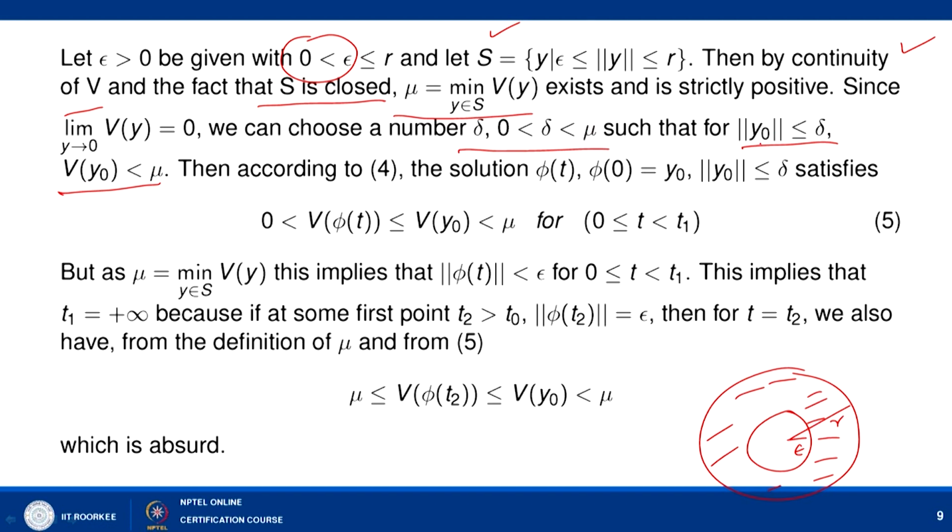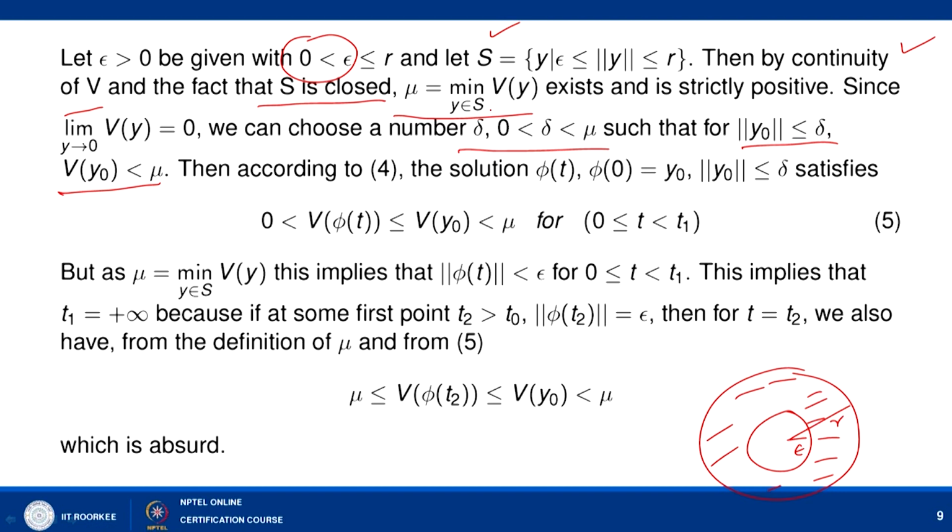So, we simply say that V of y naught is less than mu here. Since the limit of V of y as y tends to 0 is 0, we can find a positive number delta such that norm of y naught is less than or equal to delta and V of y naught is less than mu, which we have defined as the minimum of V of y.